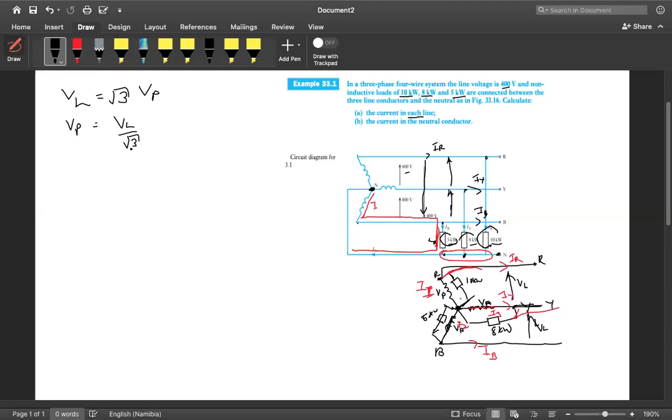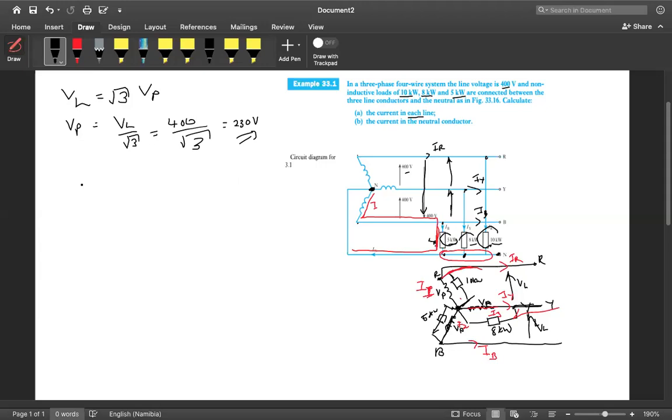Because our appliances or our loads are connected across the phases, not across the lines. That's why we need the phase voltage. So it's going to be 400 divided by √3, which will give us 230 volts. That's the phase voltage.